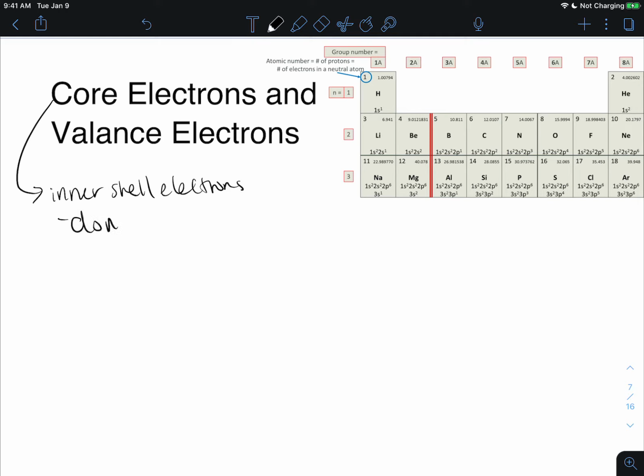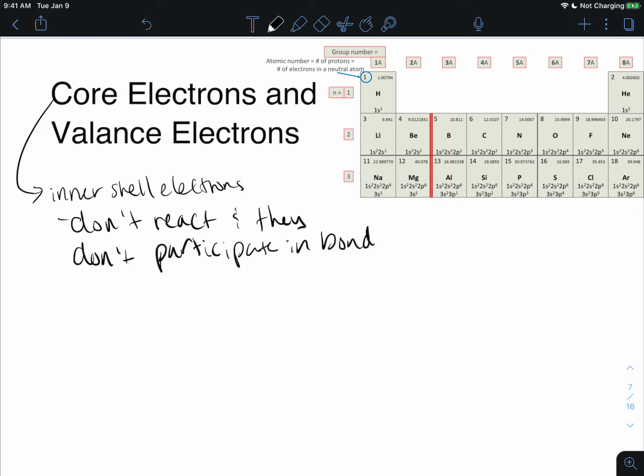So they don't react, and they don't participate in bonding. So not doing a lot of anything. These are going to be in n values lower than the maximum n value.